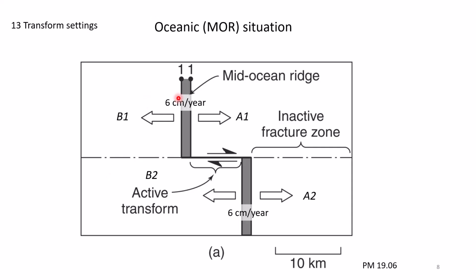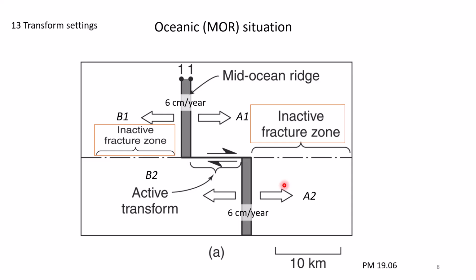Only if we have the same spreading rate in the two ridge segments, the fracture zone would indeed be tectonically inactive. And this would apply to the eastern as well as to the western part of the oceanic fracture zone.